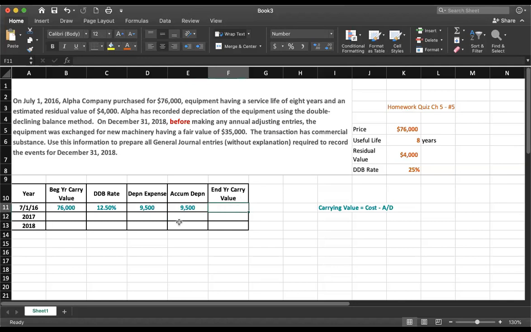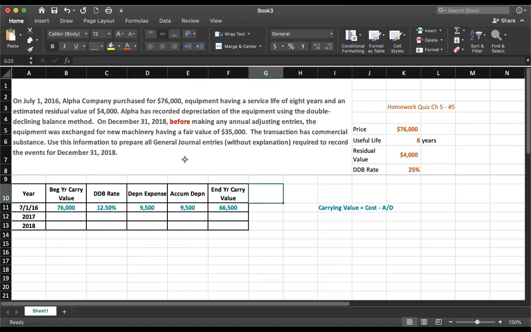All right, so then the end of year carrying value is going to be the beginning of the year carrying value minus the depreciation expense for the year. Okay, so let me just maybe add, I'll put a note over here.